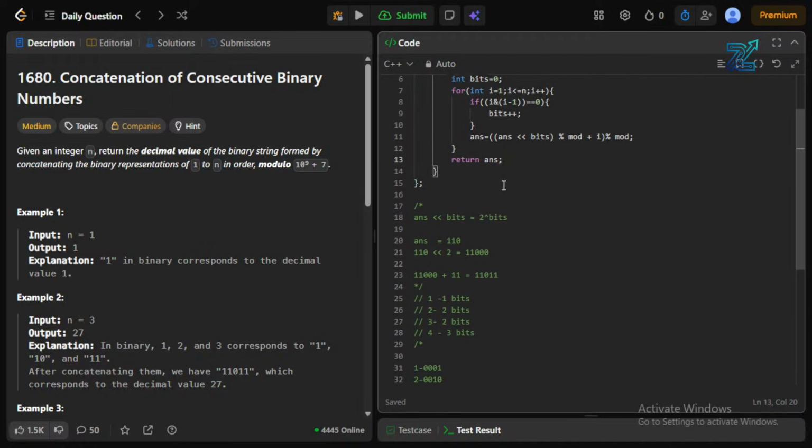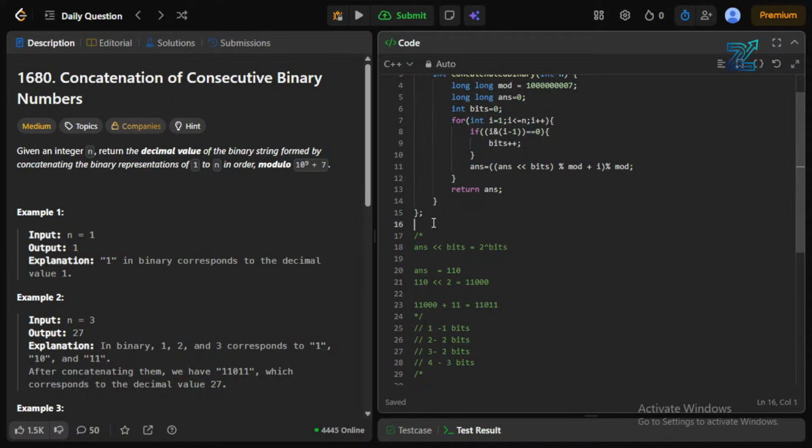So let's take one example. If my n is 3, first 1 will come, right? What is the binary value of 1? That is 1. How many bits does it have? 1 bit.